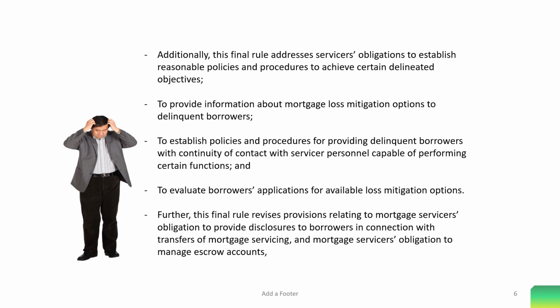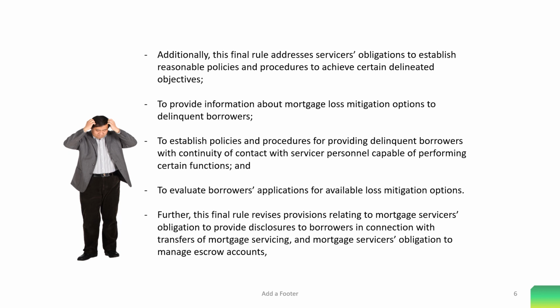The purpose of the new legislation was also to evaluate a borrower's application for available loss mitigation options, determining whether you were or were not eligible. And if they said you were not, we'd like to take a look at the analysis that they used. They have to provide analysis on how they qualified you.